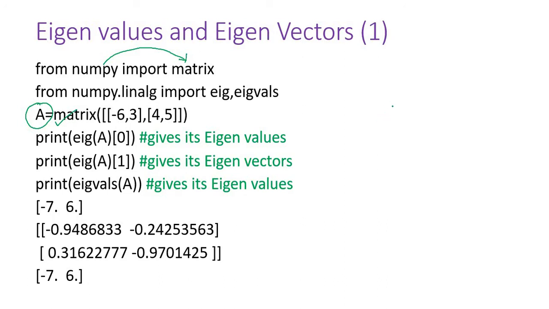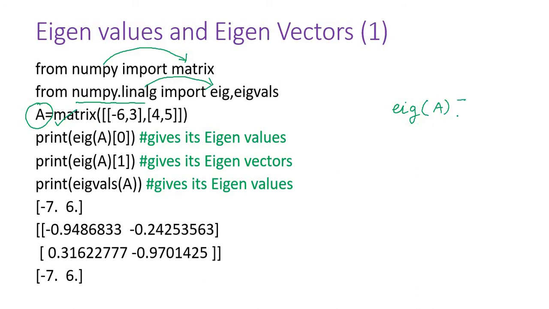Now I'm taking EIG of A. This EIG function is defined in NumPy linear algebra, so I need to import that from NumPy linear algebra. It gives two outputs: one is the eigenvalues, another is the eigenvectors.